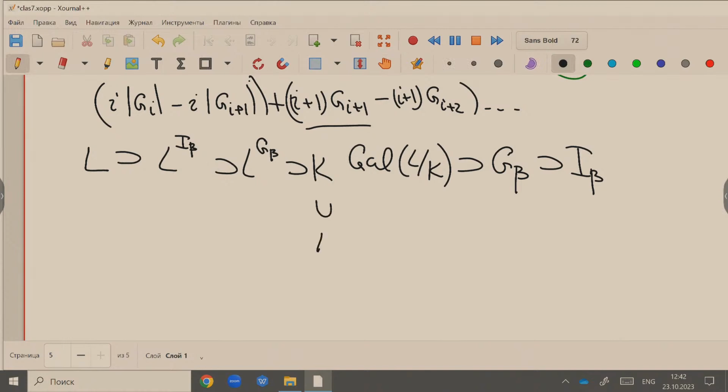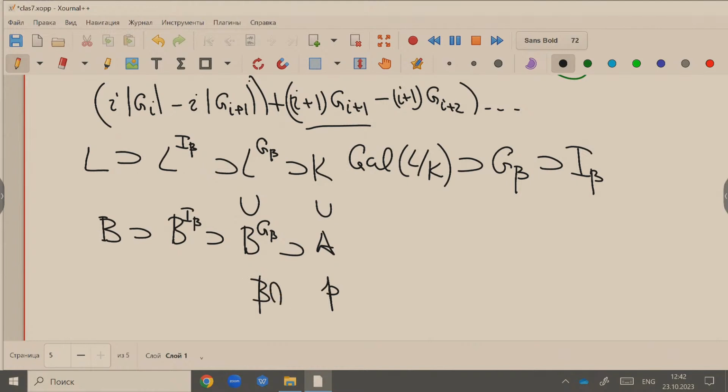You have A here, let's call the others B^{G beta} and B^{I beta}, and here you have B. Here you may think of ideals lying over P. You can look at the intersection of beta with L^{G beta}, and the intersection of beta with L^{I beta}, and here you have beta.